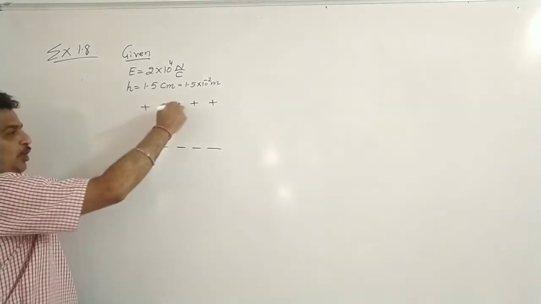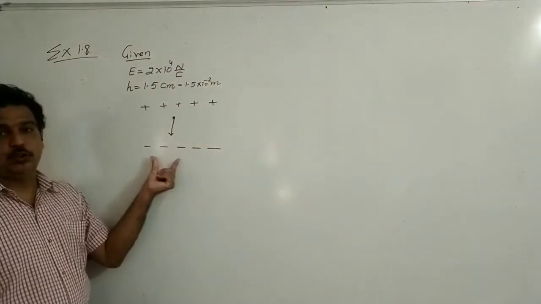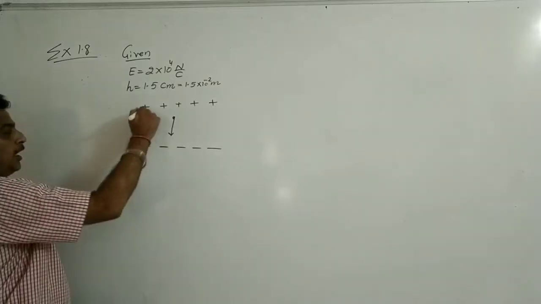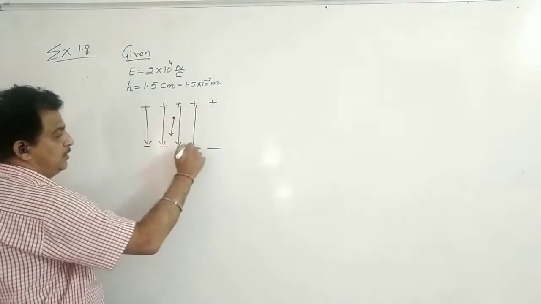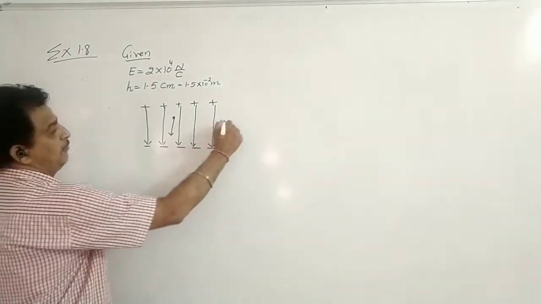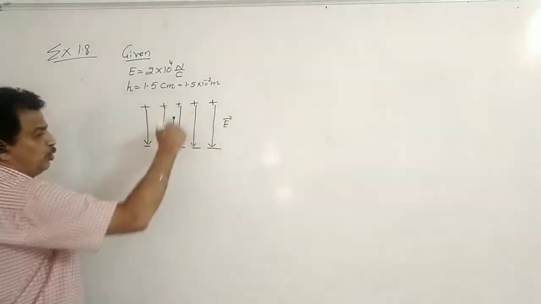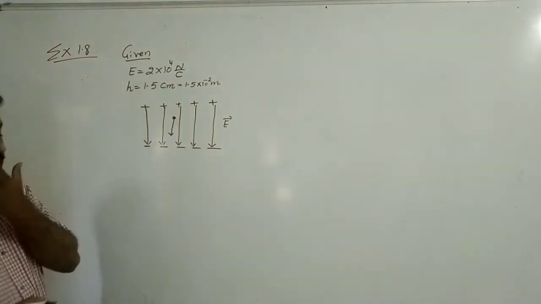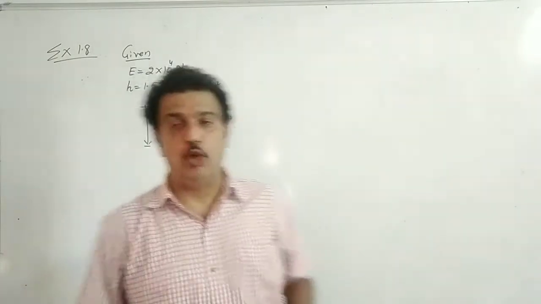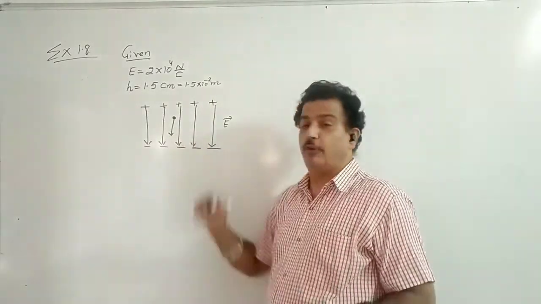Either you say it is falling due to repulsion or attraction due to the charges. Again the field is uniform, so I am drawing equidistant and parallel lines. This is an electric field. Now the proton is falling freely. Again we are neglecting the effect of gravity, so it is falling under the influence of an electric force.